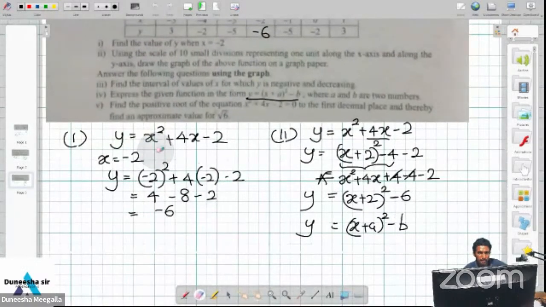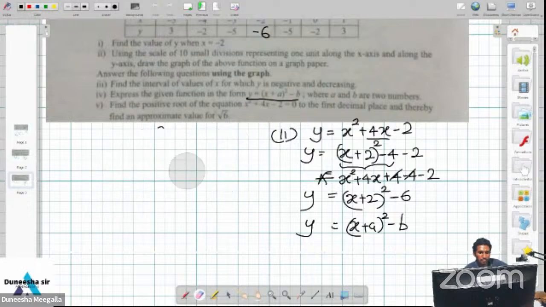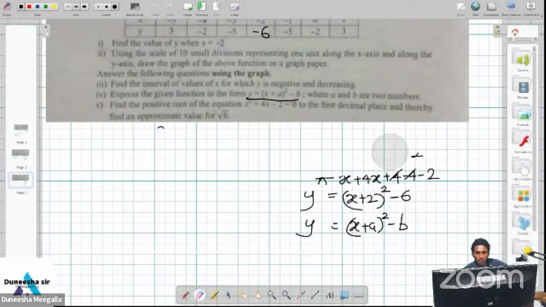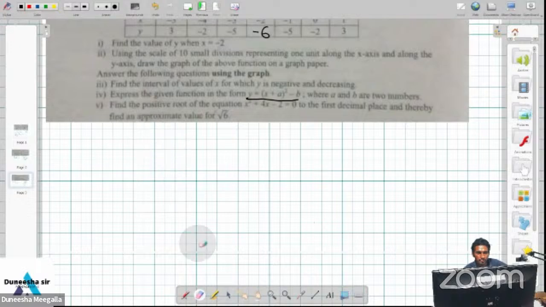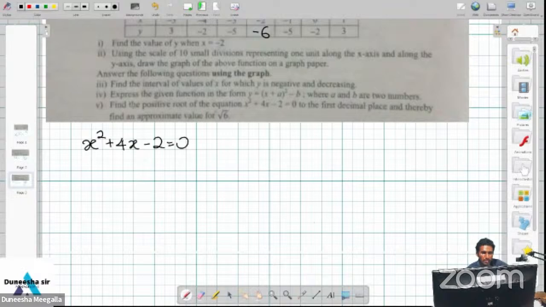Next question. Find the positive root of x square plus 4x minus 2 equals 0. What is our function? Y equal to x square plus 4x minus 2. Then y is 0.